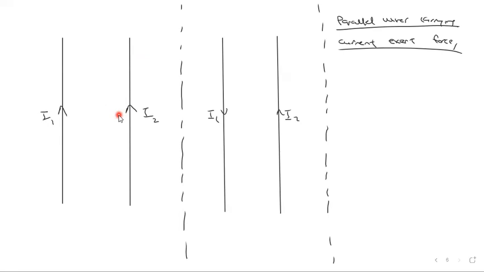Now, this force is going to be towards each other when they're going in the same direction, and they'll be repelling each other when they're in the opposite direction. So the force per unit length is given by k I1 I2 over d, which of course is this k.